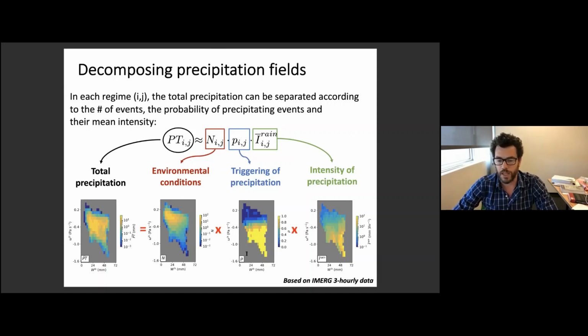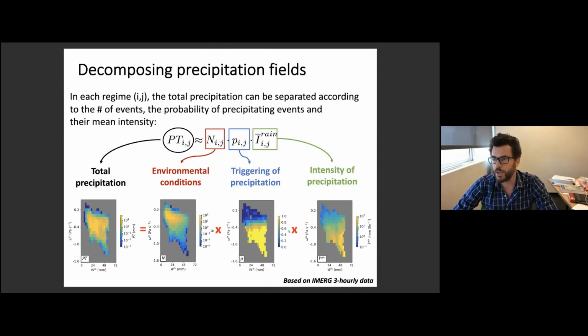And then you can see that this term, which I call here the triggering of precipitation, is very low, nearly 0, when the larger scale vertical movement is very small.